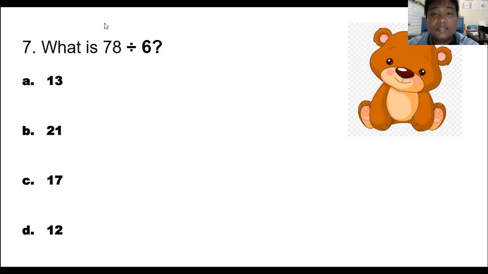Okay, so let's solve, no? So 78 divide 6. So 7 divide 6, so 1, no? 6 times 1 or 1 times 6, no? So subtract, no? 7 minus 6, 1. Bring down 8.